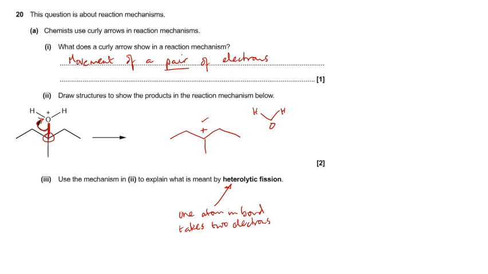In this case that was our oxygen. And fission means the breaking of a covalent bond. In this case, because it does ask you to refer to the mechanism in 2, it was the carbon-oxygen bond. So there we have those 2 marks.